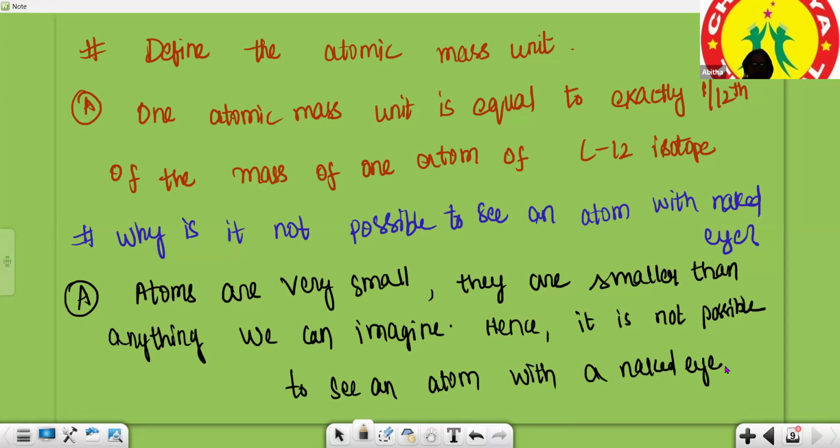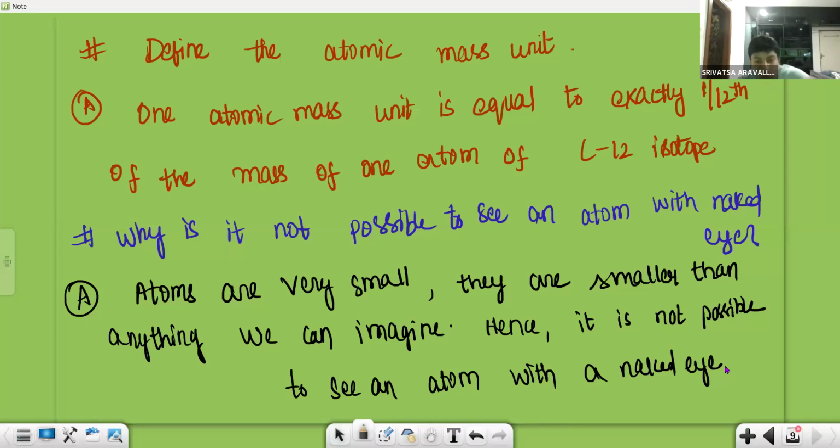Please read this question. Why is it not possible to see an atom with the naked eye? Atoms are very small, they are smaller than anything we can imagine, hence it is not possible to see an atom with the naked eye.